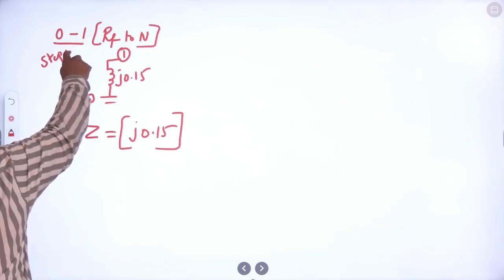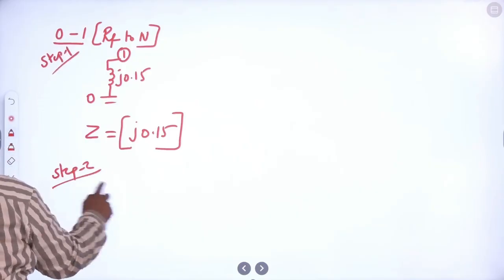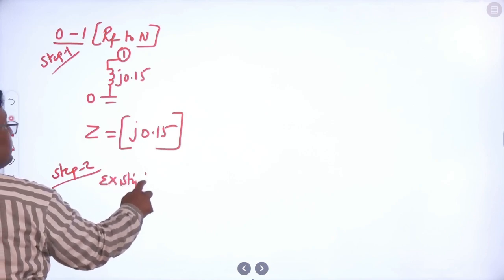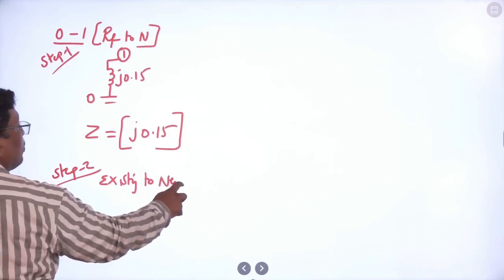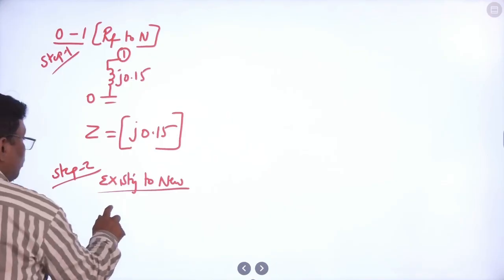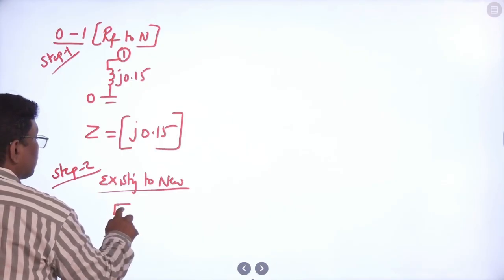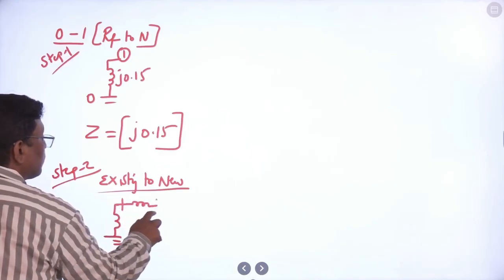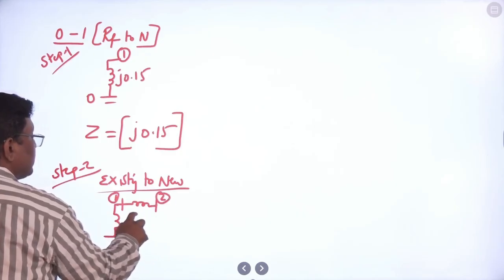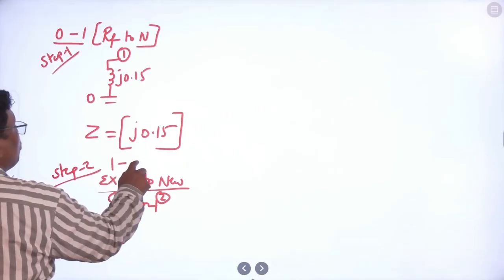And step number 2 is existing to new. Clear? So now in existing to new we can consider 1 to 2.